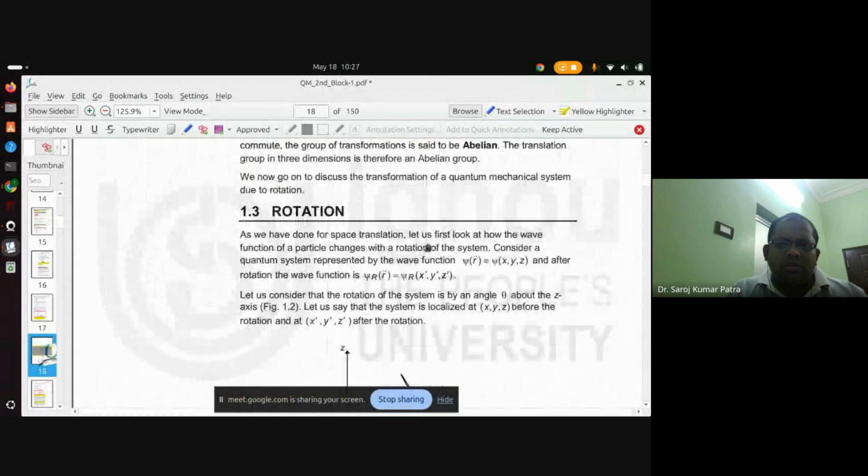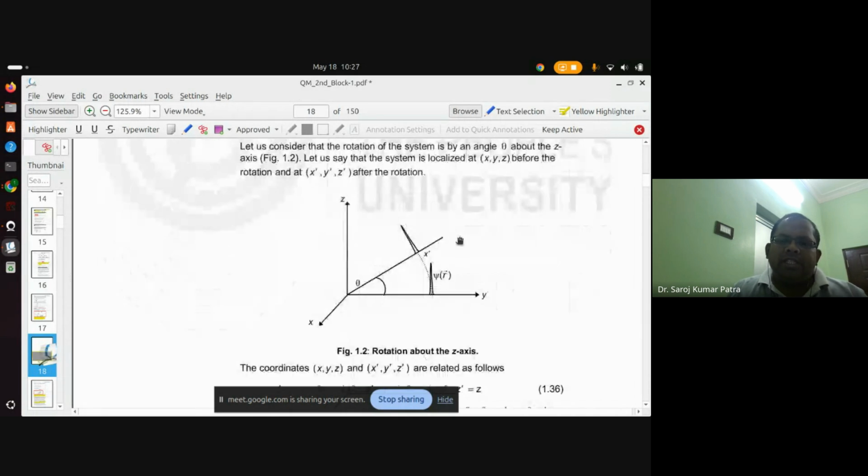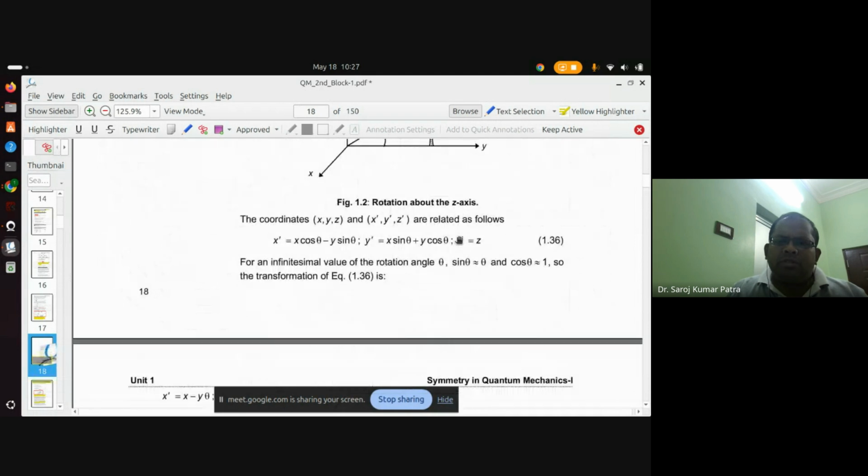Let us come to the next part, which is rotation. If we have another operator R which rotates the system from x, y, z to x prime, y prime, and z prime. At this point, should I ask one question? All of you have some knowledge about Euler angles, the transformation.